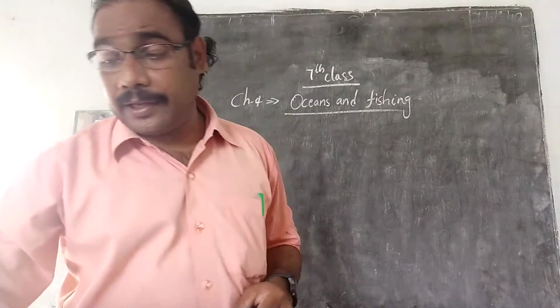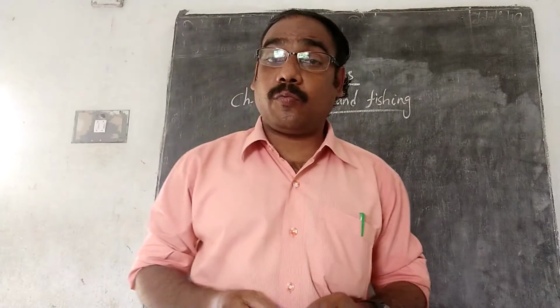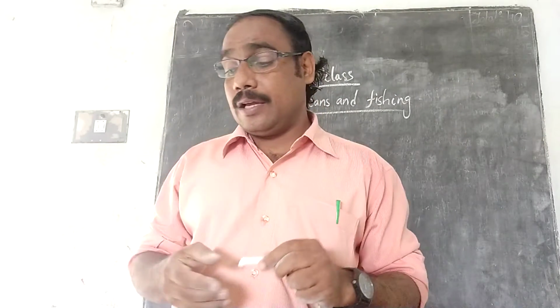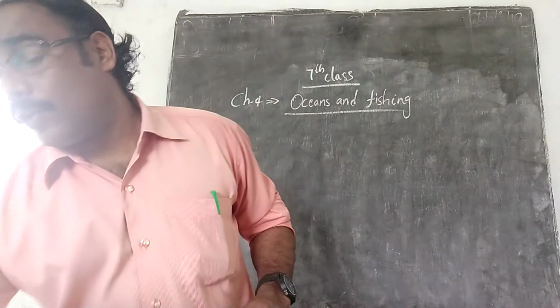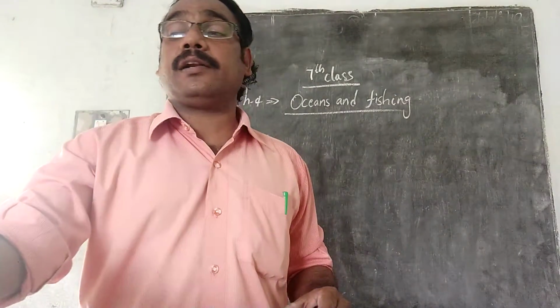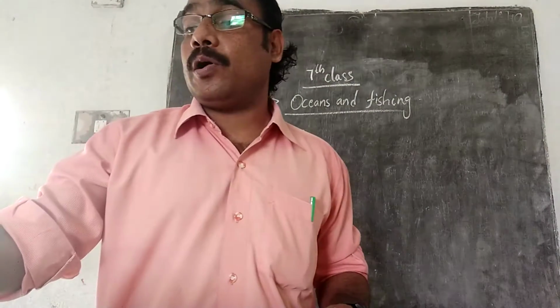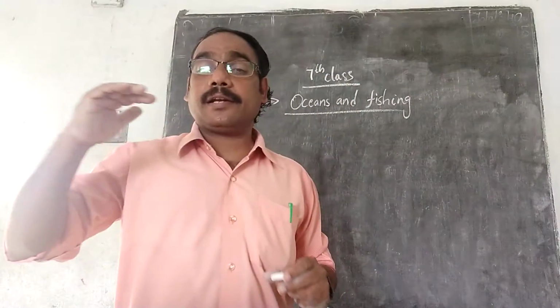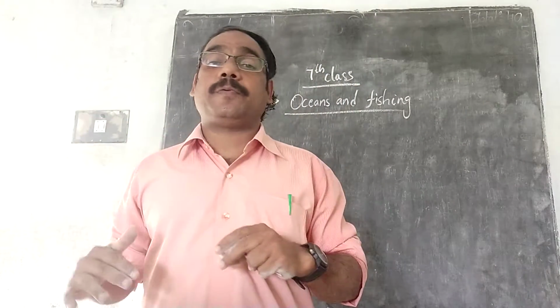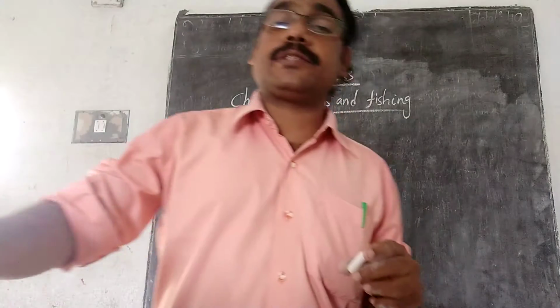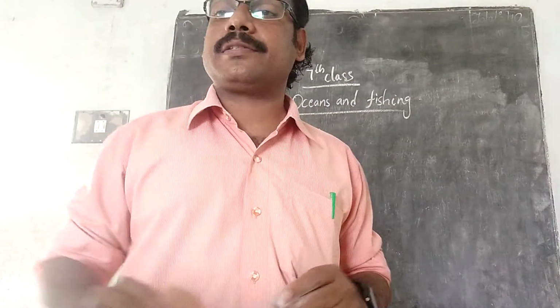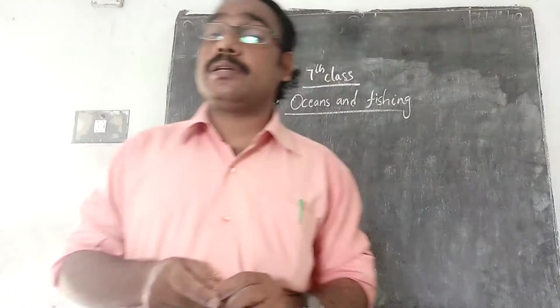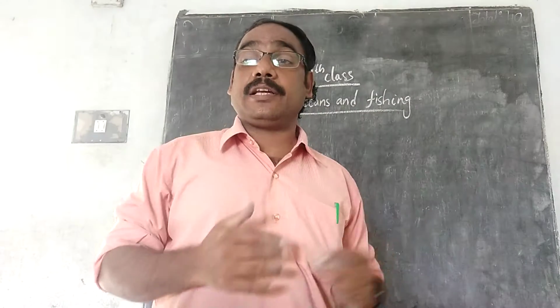Now I told you about warm currents. Warm currents means the flow from the equatorial region to the poles. In the ocean, the movement of water from the equatorial region to the North Pole or South Pole is known as warm currents. Cold currents means poles towards equator.